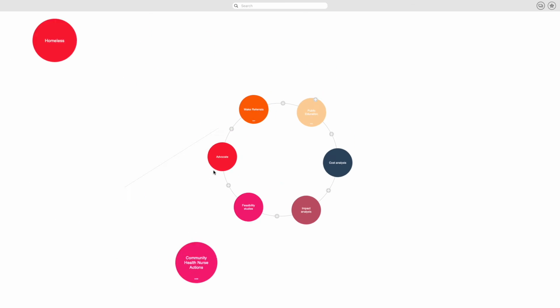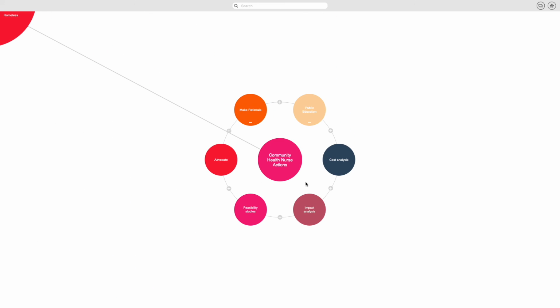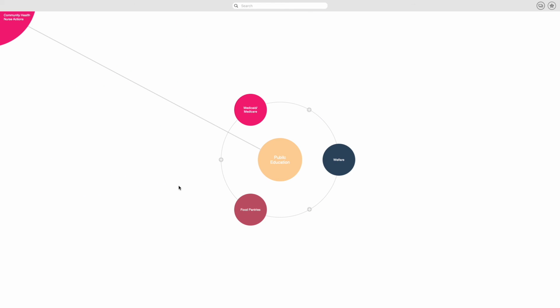And finally, we can look at the community health nurse and see some of the actions that they can play in this population, such as cost analysis, impact analysis, feasibility studies, patient advocacy. We could make referrals to health services, financial assistance, or food supplements. And of course, always educate the public about resources available to them, such as welfare, food pantries, and Medicaid, Medicare.